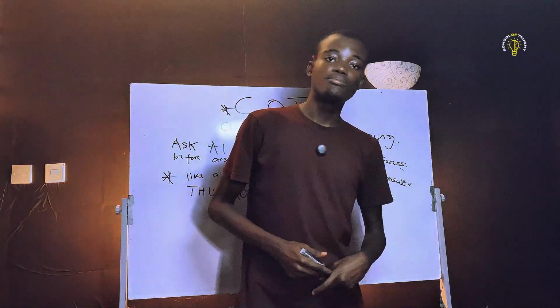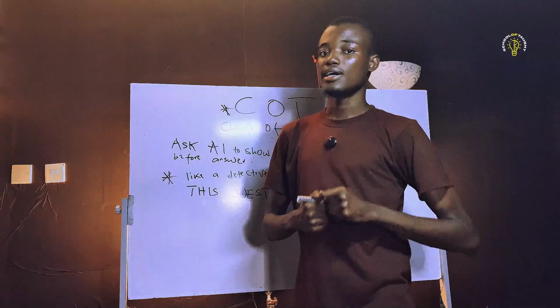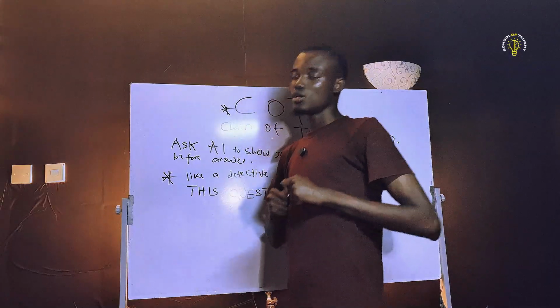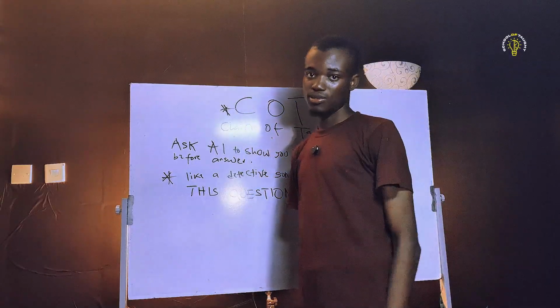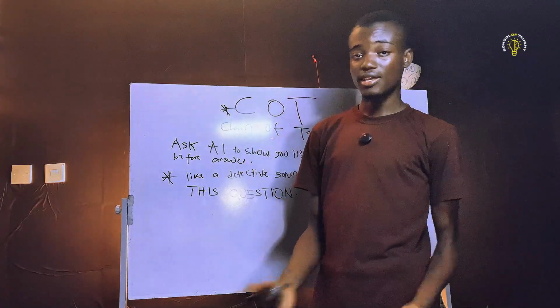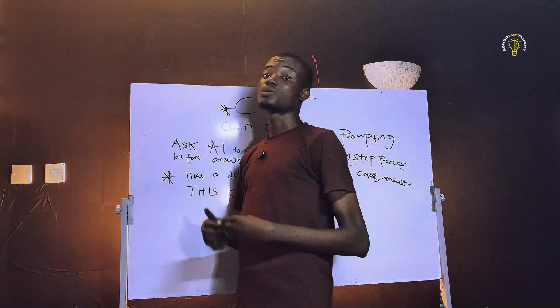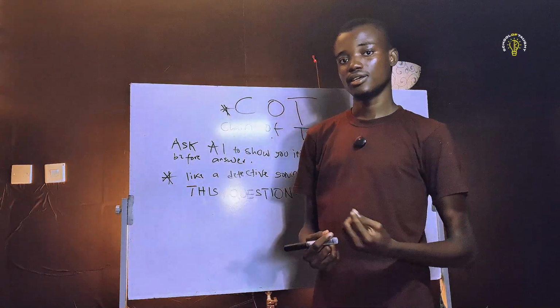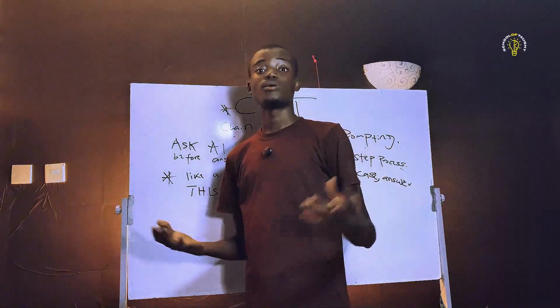By doing this, you are forcing your AI, even though it does not want to reason with you, to think, to go through the capacity of thinking, because the power of AI lies in the thinking. And the more time it spends thinking, the better the answer. That's why there is something called deep reasoning.